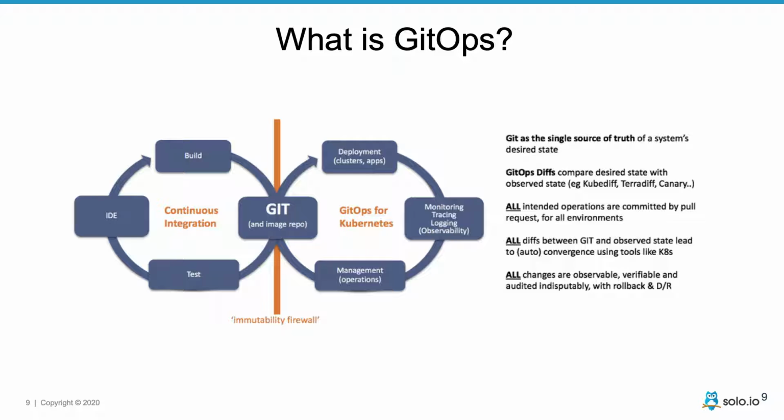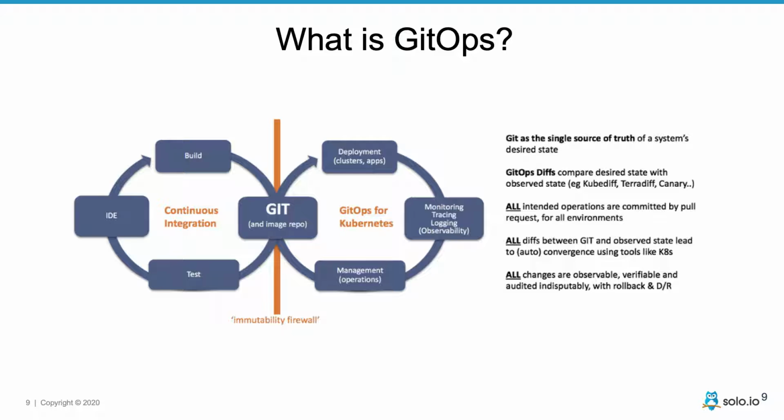So what is GitOps? I think most people have a definition of what they believe GitOps is. But essentially it boils down to having a single source of truth for the system's desired state. So we are able to declare the desired state we want into a manifest, and Git is that single source of truth.